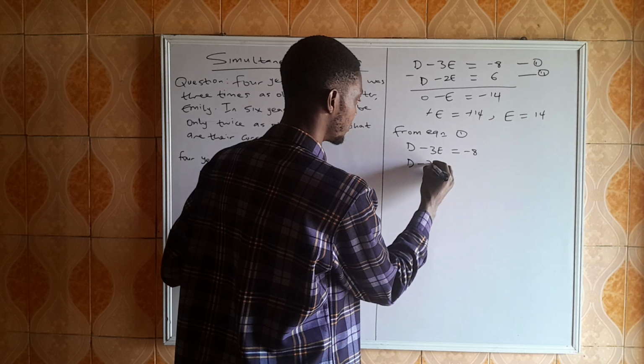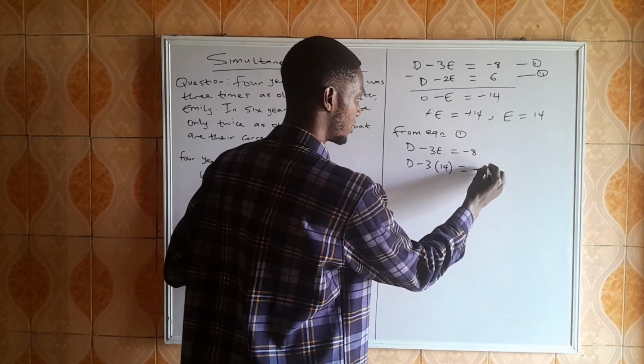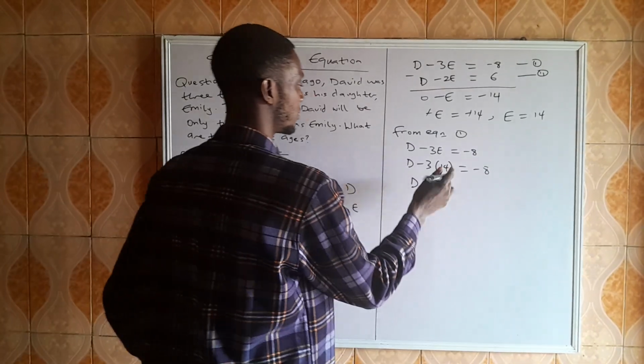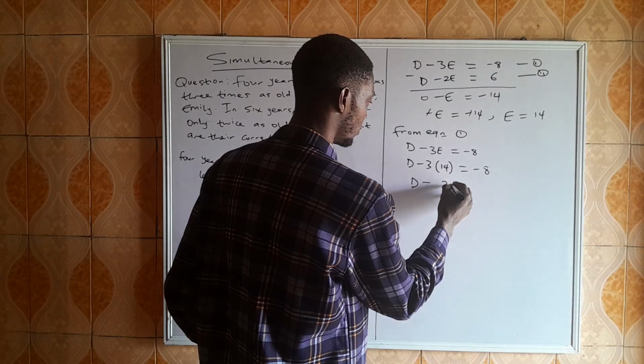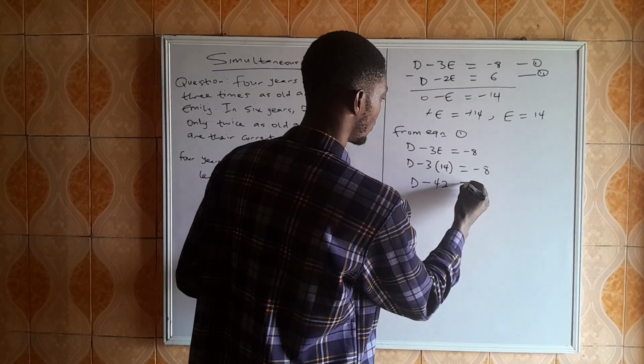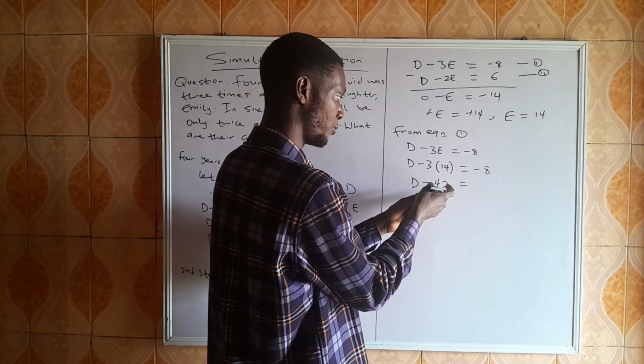So you have D minus 3 times 14 equals minus 8. 3 multiplied by 14 gives 42.